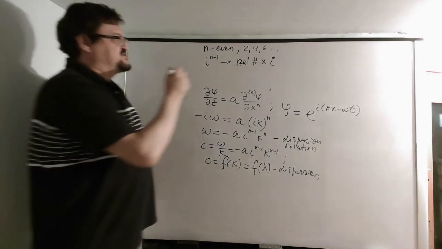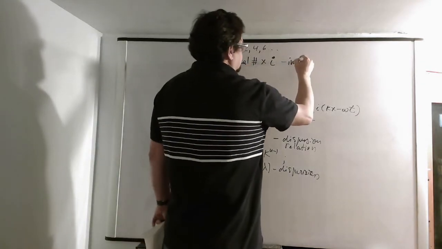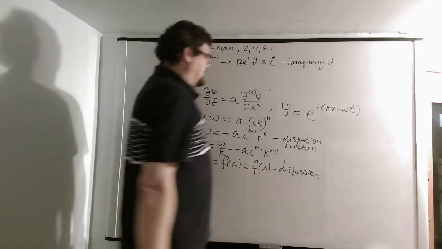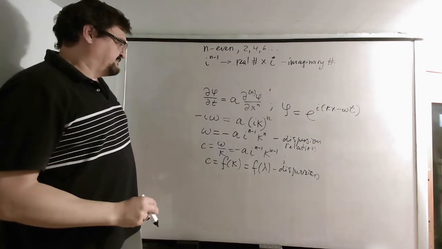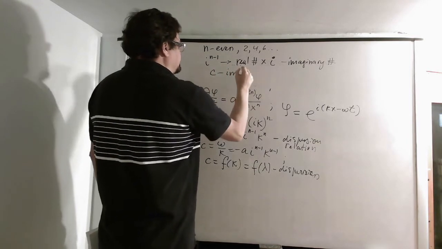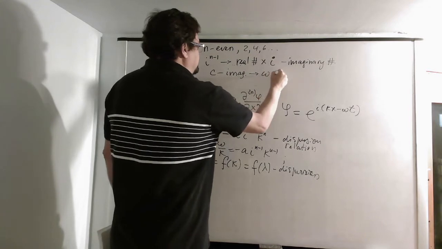So it's going to be imaginary. So our c is imaginary and omega is imaginary.